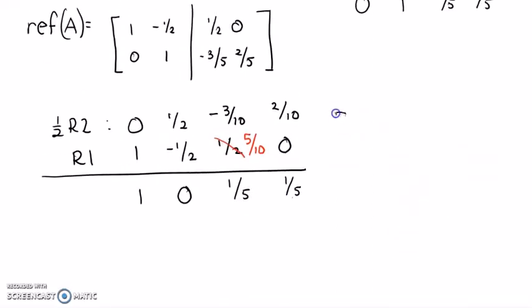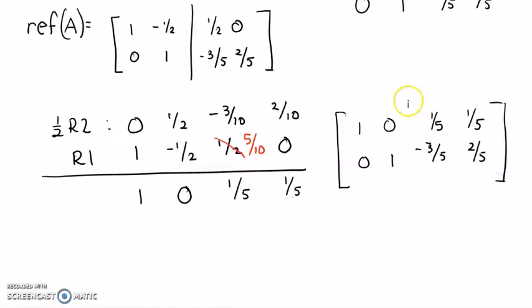I'll write it over here so I can see both. It's a 3. Remember, this was augmented. So now this right-hand side is my inverse, because here's my identity.